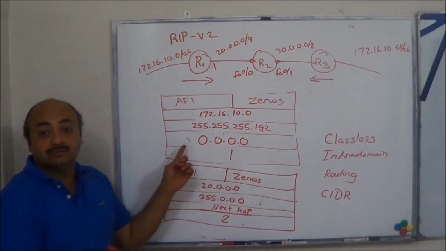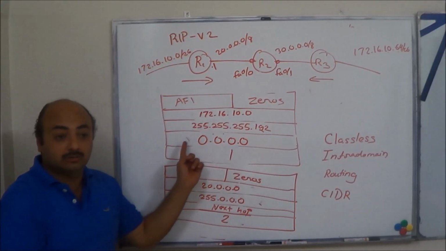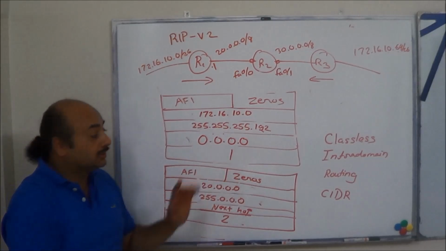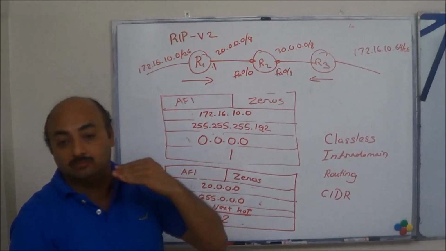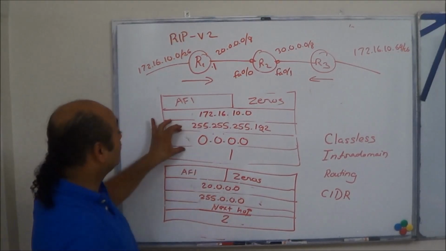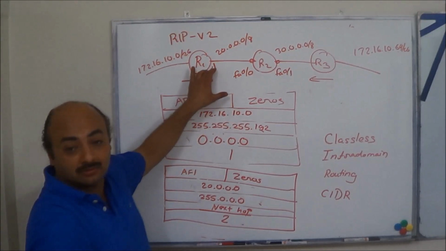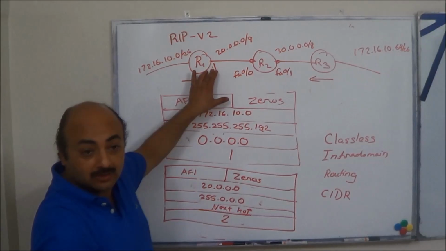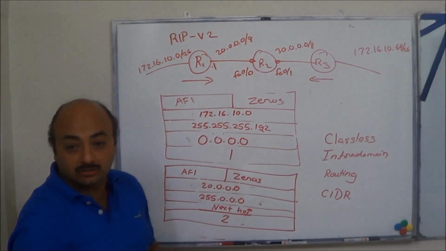Not all zeros, 0.0.0.0. There is a difference between all zeros and 0.0.0.0. That means it is coming from the same place where the update has come from. This field of all zeros means nothing has changed. It is coming from the same IP address as the one from where the packet has come. Understand?